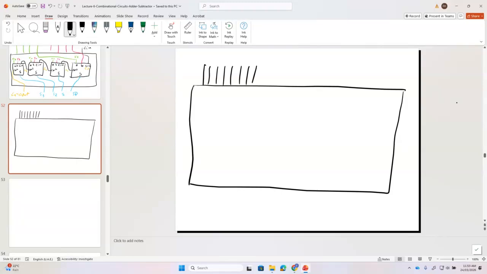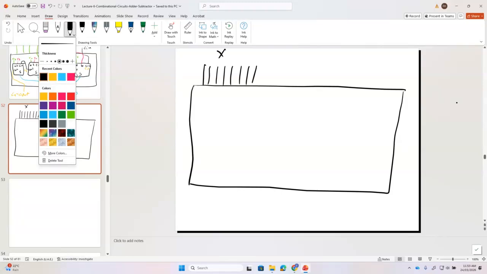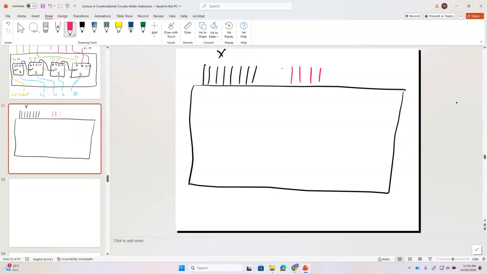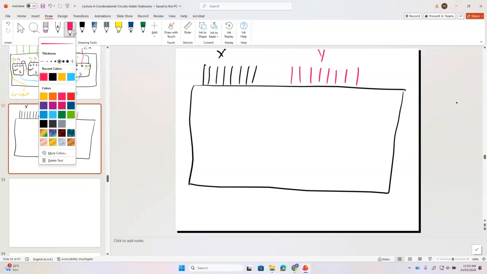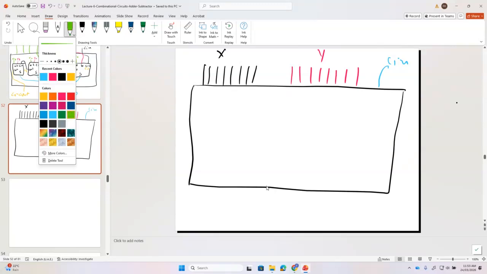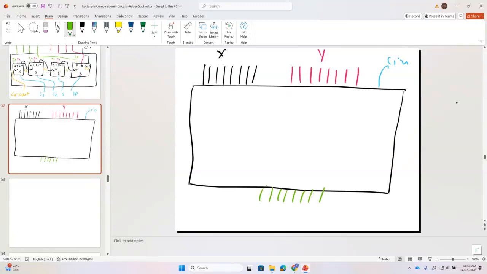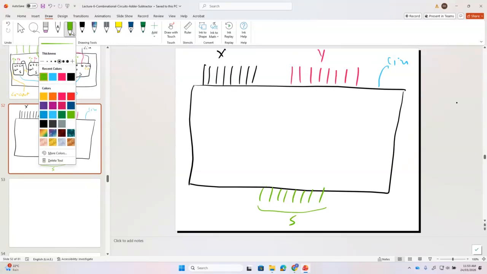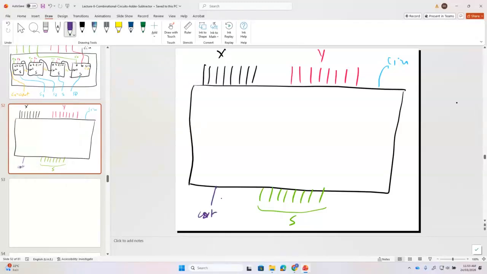The first input is X, the second input is Y, and the third input is C in. My output is 1, 2, 3, 4, 5, 6, 7, 8, which is the sum, and then we have C out, the purple one. So this is my C out.